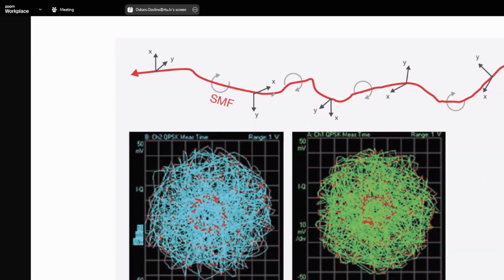Currently there's a quite hot topic in research that this state of polarization in a fiber for complex signals and this adaptive equalizer can be used to reconstruct in real time what is happening in a fiber. So basically, fiber could be used as a sensor without using any specific sensor equipment.